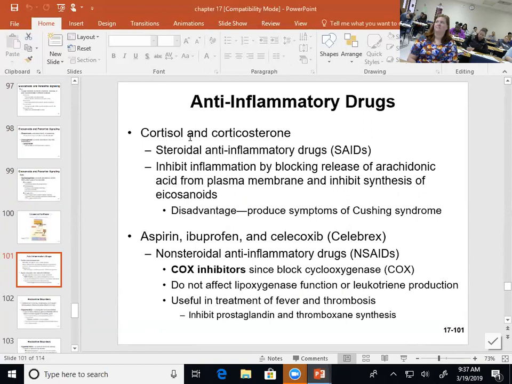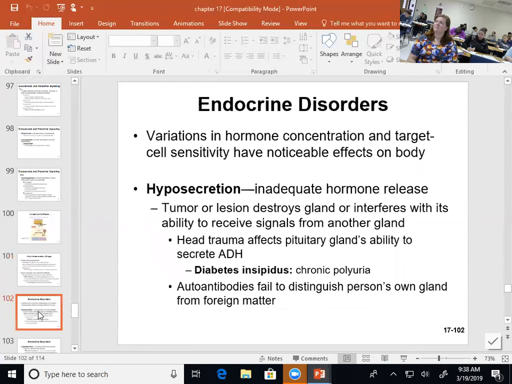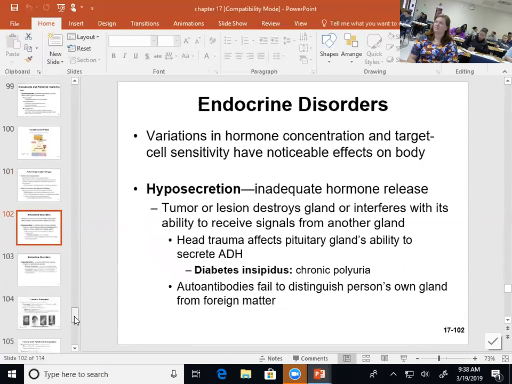So we try to monitor and make sure we don't keep people on these things too long. And y'all got a little clinical insight about the steroidal anti-inflammatories and the non-steroidal anti-inflammatories, so definitely take a look at that insight, heads up, before this test.